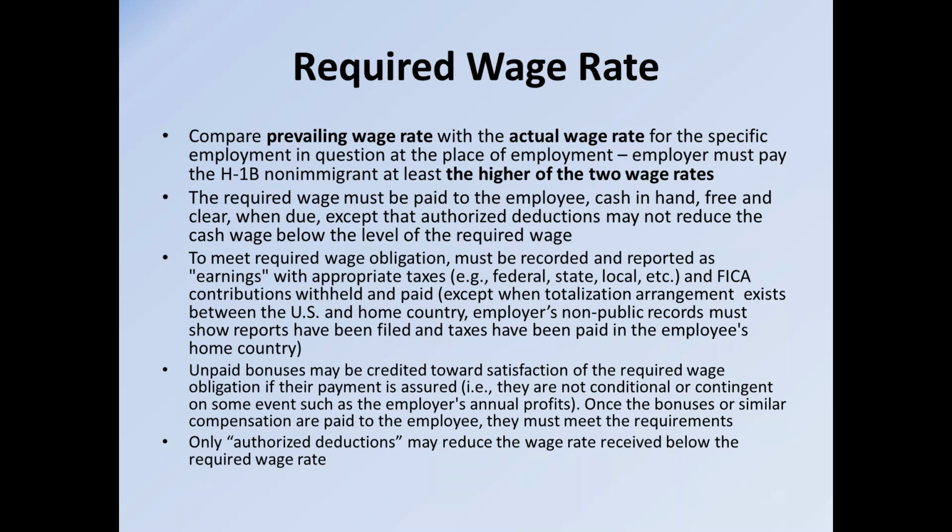You're allowed to have authorized deductions. You have to pay the appropriate taxes for employees anyway, W-2, but all of these things are appropriately deducted, and so even if their net is, say, 45 after all the taxes, etc., but the gross is 64, that would meet the required wage.